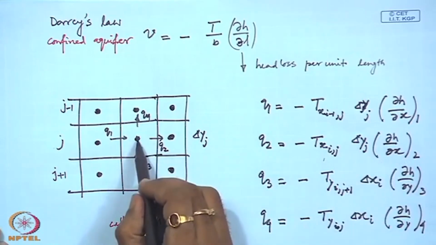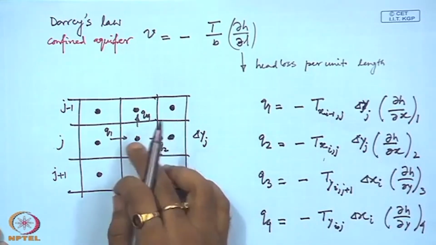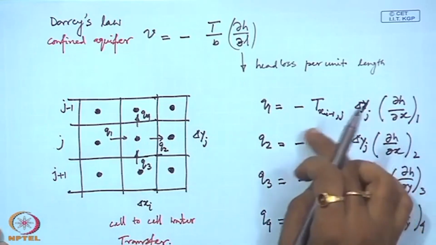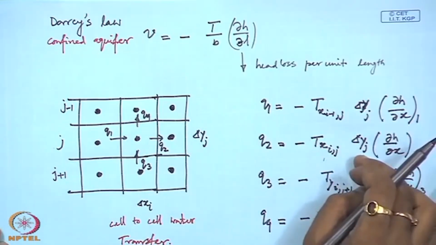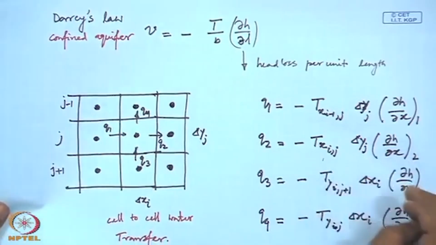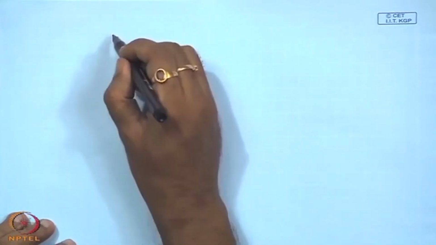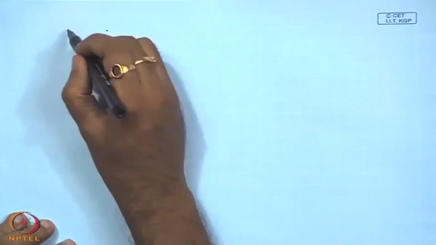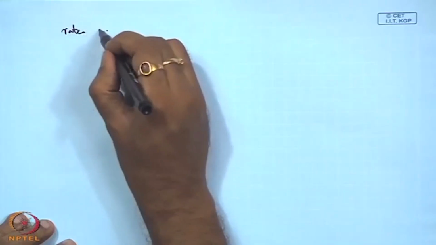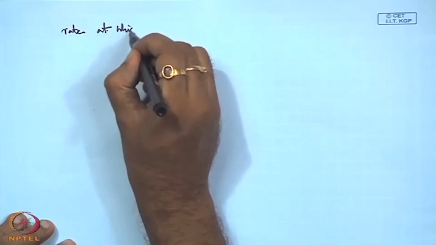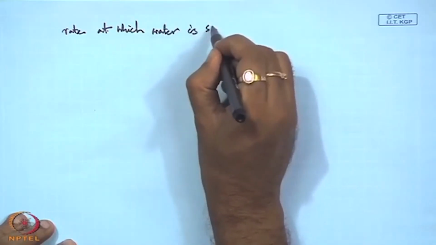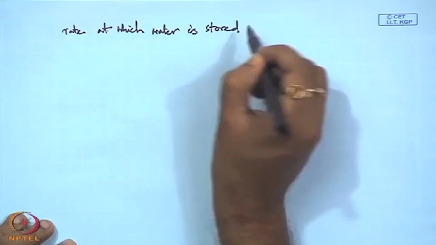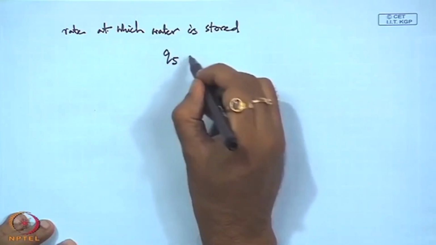So, from this point to this point, in this direction this T x i j is acting. The rate at which water is stored is considered as Q 5.